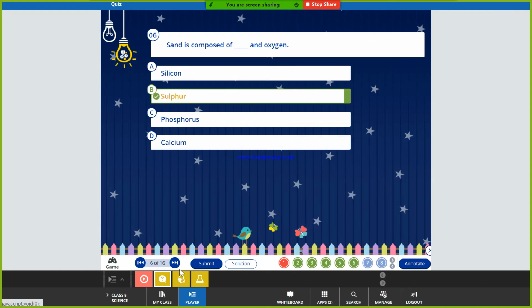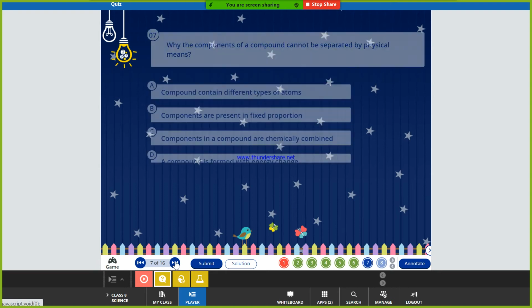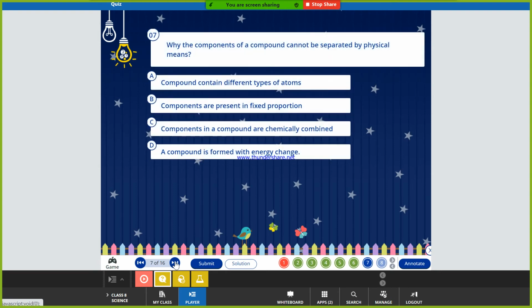Why can the components of a compound not be separated by physical means? Option A, compounds contain different types of atoms. Option B, components are present in fixed proportions. Option C, components in a compound are chemically combined. Option D, a compound is formed with energy change.